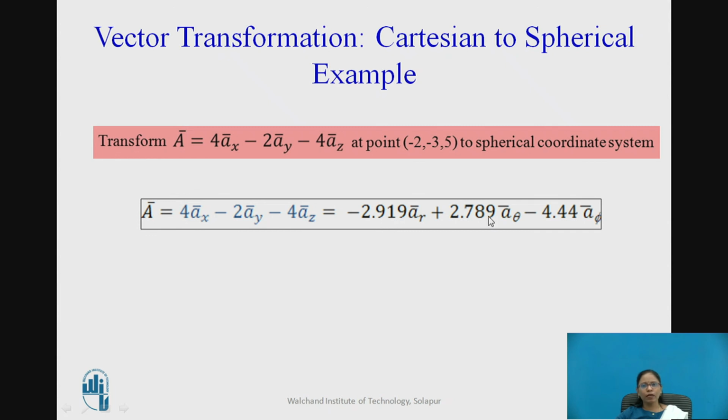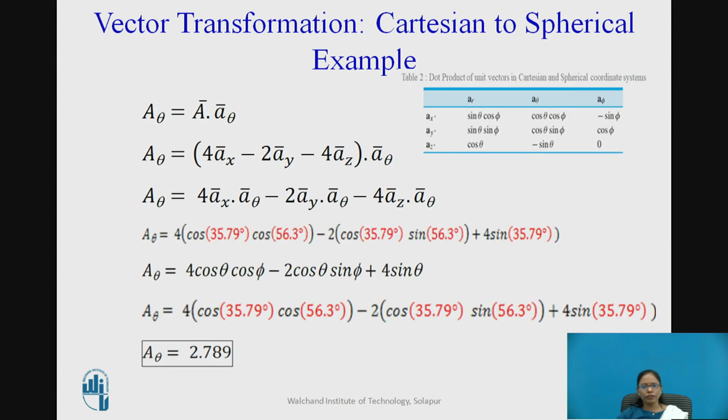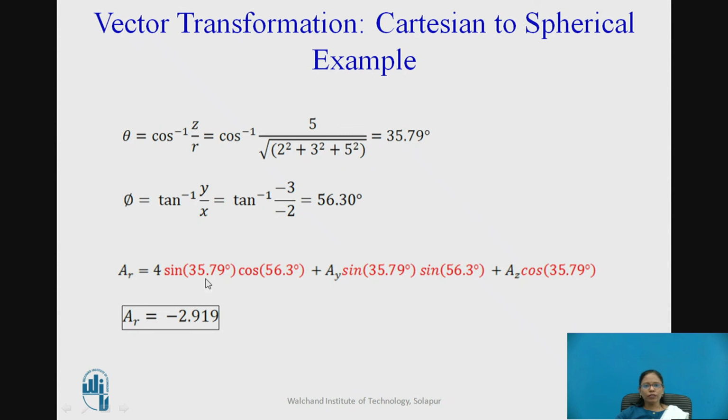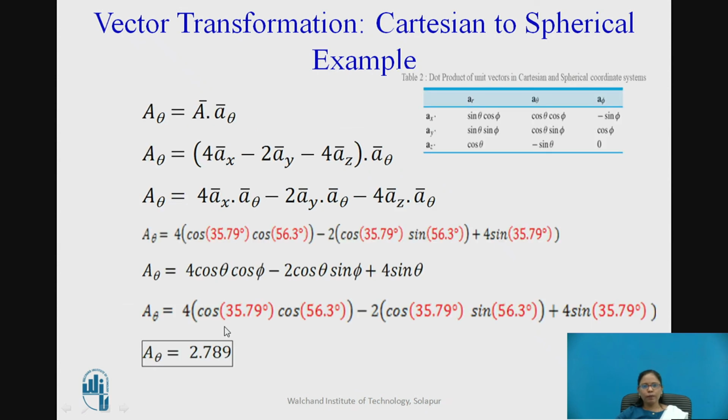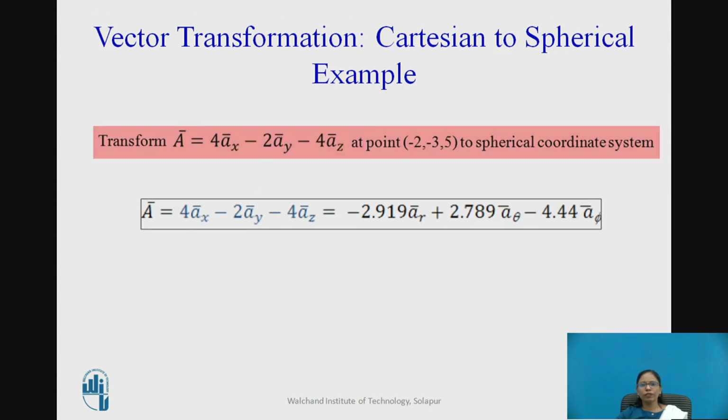It is capital AR, this is capital A theta and this is capital A phi. I'll show you the values we have calculated. We have calculated AR as minus 2.91, A theta is 2.78 and A phi as minus 4.44. The same values I have put here along with the respective unit vectors. So you can see my vector in Cartesian is transformed in spherical.